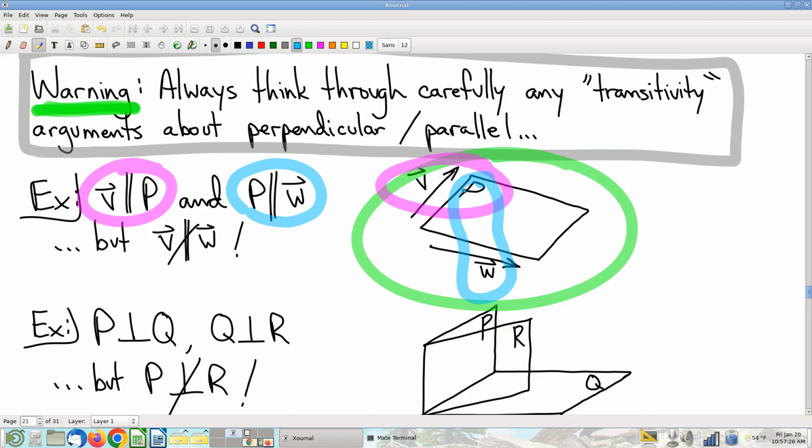Does it follow that this vector and this vector are parallel? Certainly not. Do they need to be perpendicular? Nope. There's just no relationship that you can conclude here at all, right? So again, it's tempting to say, well, this is parallel to that, and that's parallel to the other. You're going to have this urge to say, therefore, V and W are parallel. Again, just not true. Everybody see it?